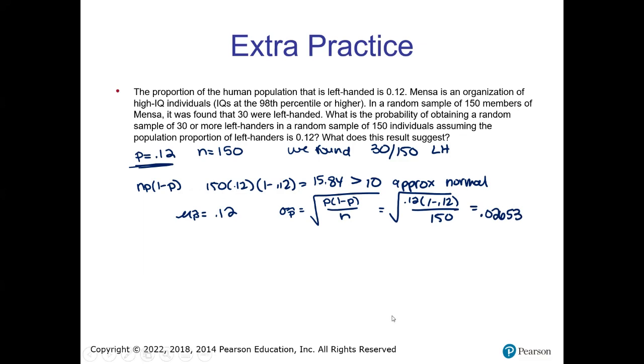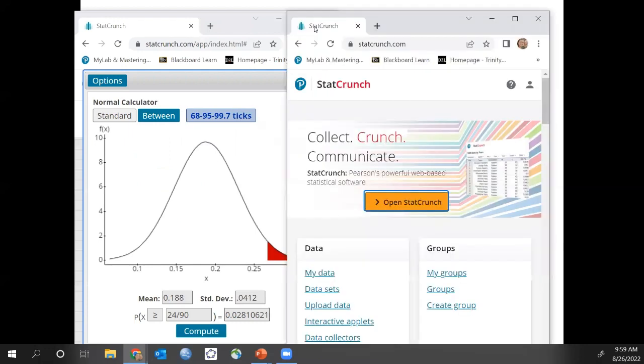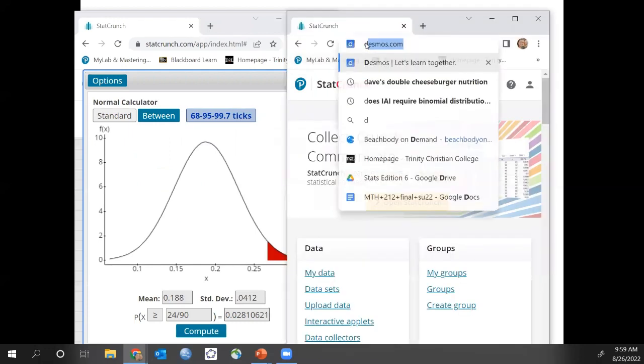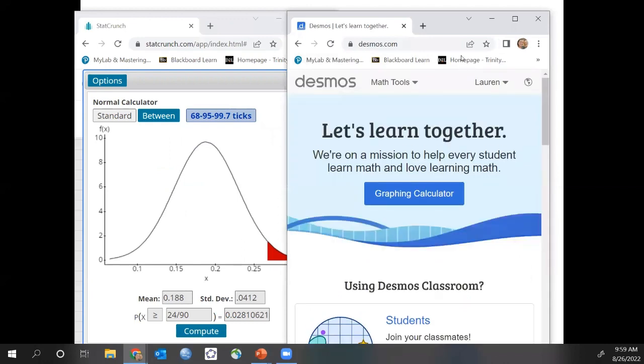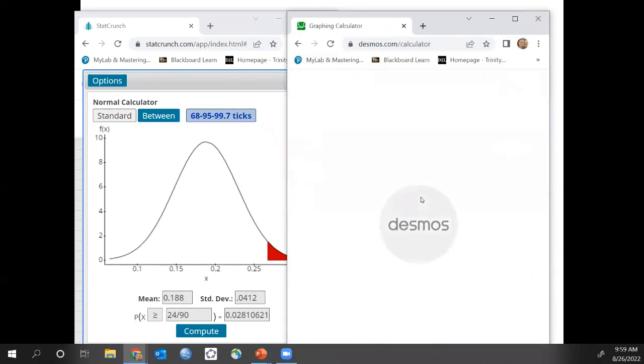Just to show you what you can do really quickly, especially if you're using an online calculator like Desmos, let me just do this quick. I'm going to open up the calculator.